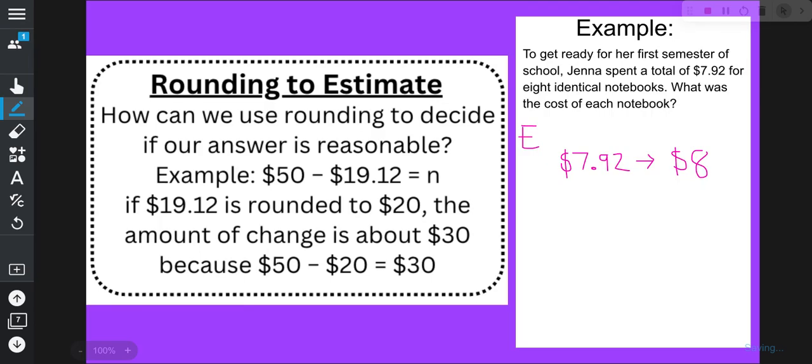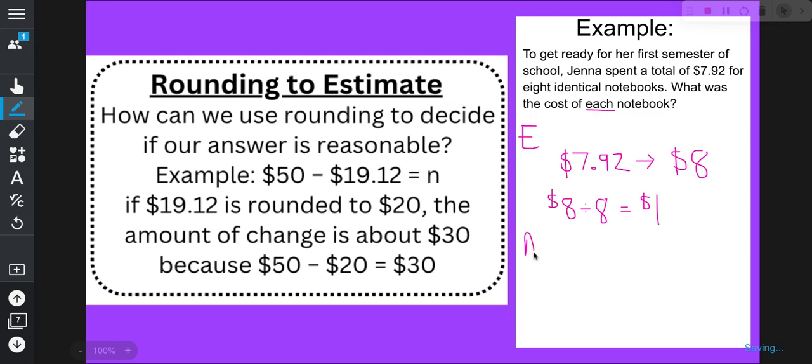For 8 identical notebooks, what is the cost of each notebook? So we would do our $8 divided by our 8 notebooks, and we find out that each notebook is about $1.